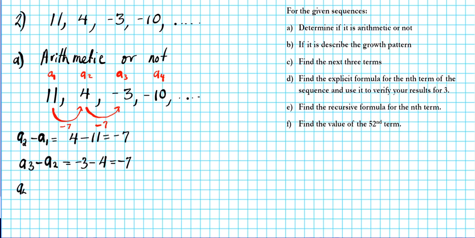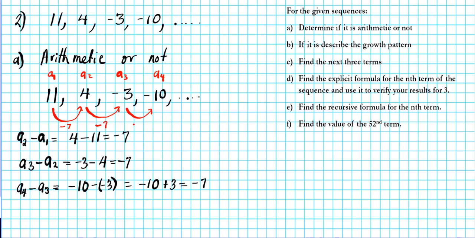How about a3 to a4? From a3 to a4, we have -10 minus -3. If you work this out, minus times minus is plus. This becomes +3. -10 plus 3 is -7 again.